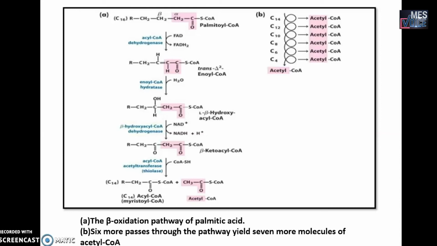Then this acyl-CoA, that is myristoyl-CoA, again undergoes these 4 reactions of the beta oxidation cycle till the fatty acid is completely oxidized. So in total, palmitic acid undergoes 7 cycles of beta oxidation to yield 8 molecules of acetyl-CoA.